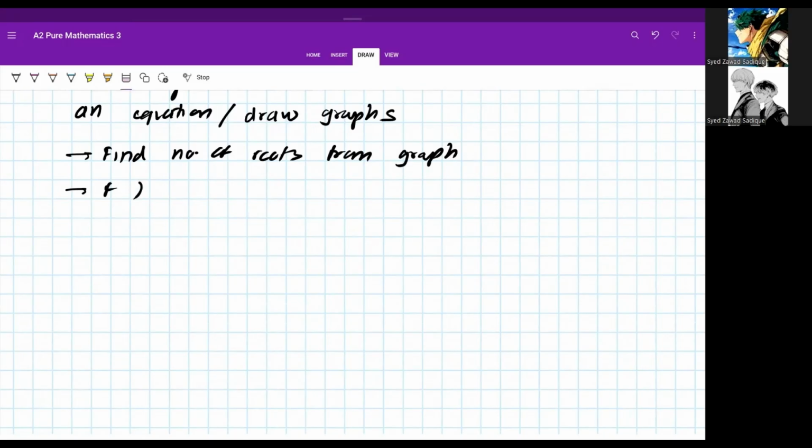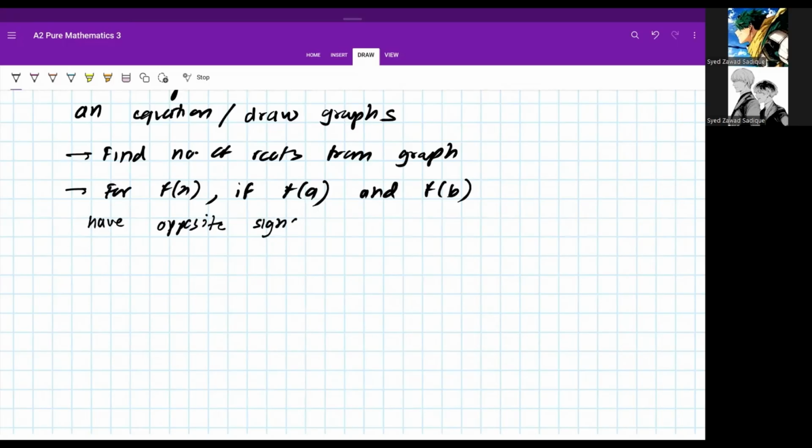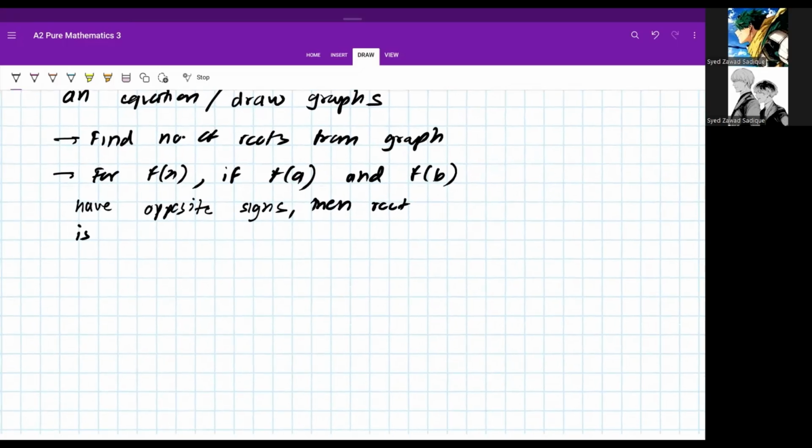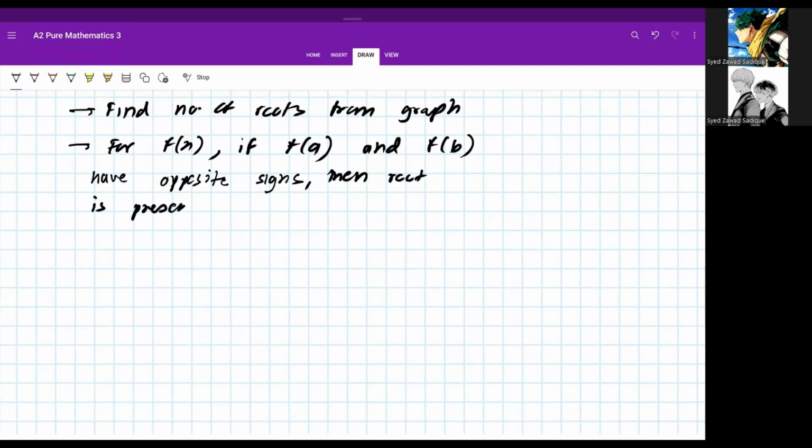For f(x), if f(a) and f(b) have opposite signs, then a root is present between them.